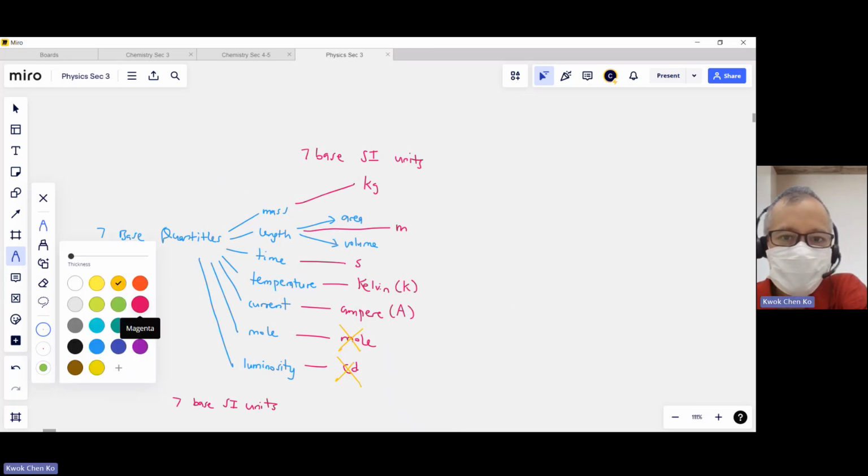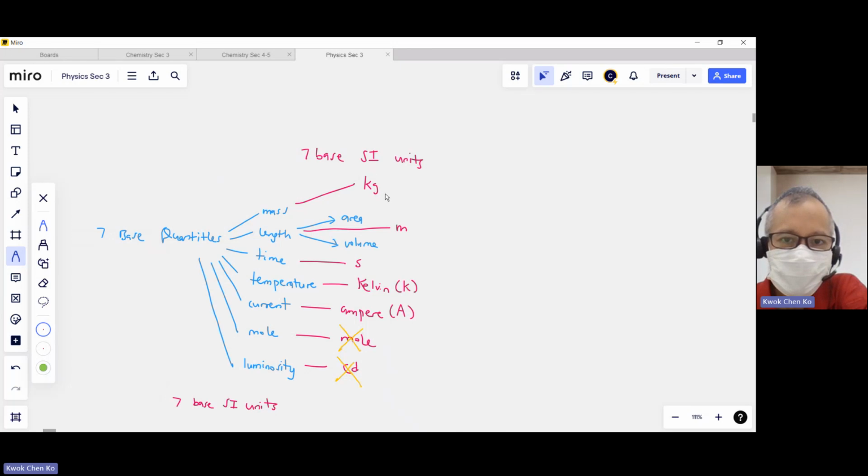Now, obviously, these 5 SI units can be split into so-called derived units. I mean, the obvious ones would be grams, milligrams, kilometer, cm, and so on.